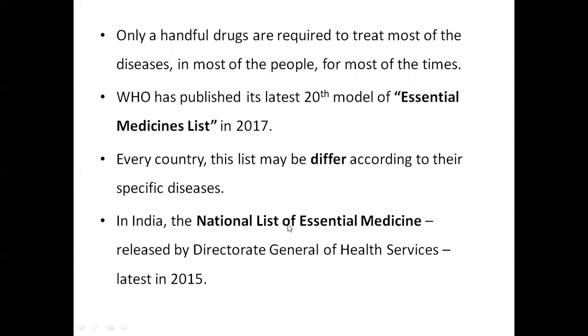In India also, we developed a national list of essential medicines, released by the Directorate General of Health Services. The latest was released in 2015. In that list we have 376 drugs, all essential medicines, and every hospital should possess these drugs.